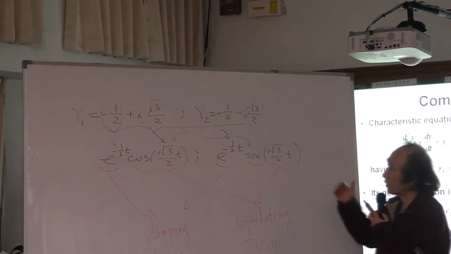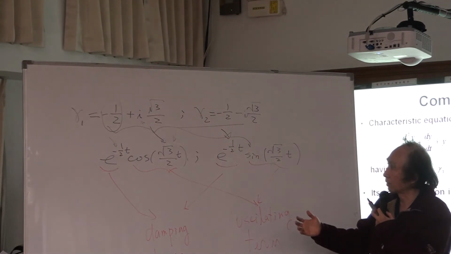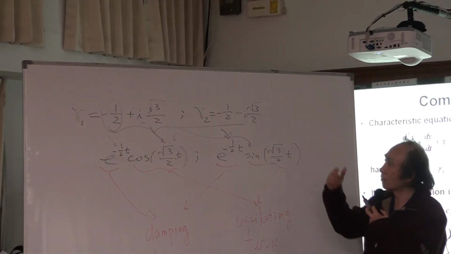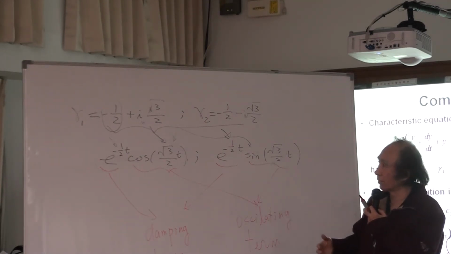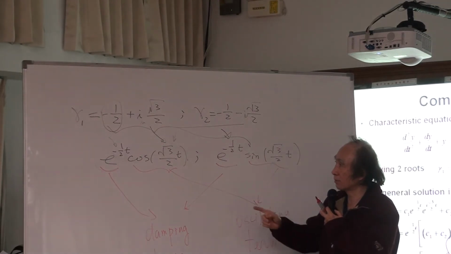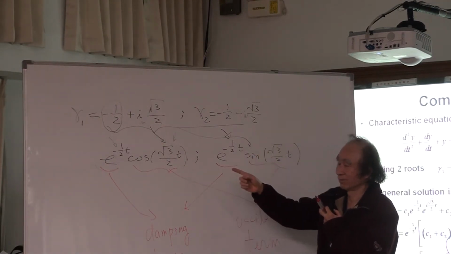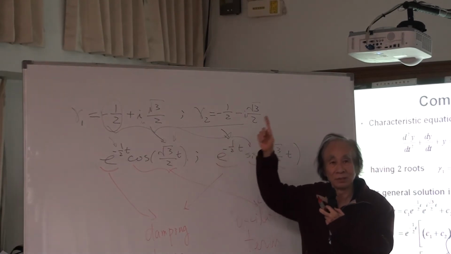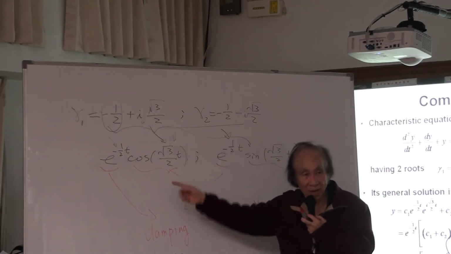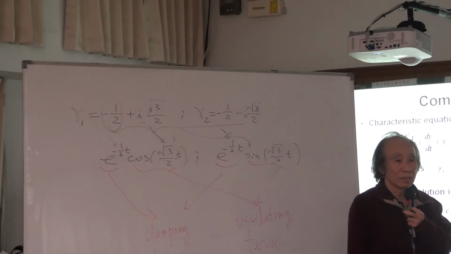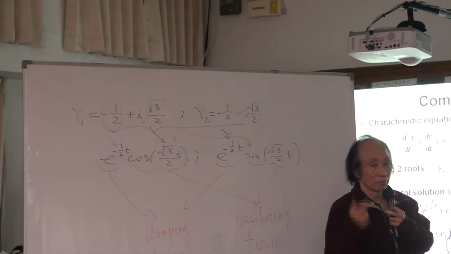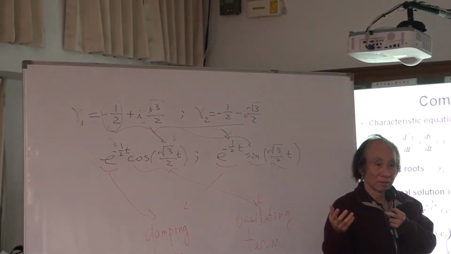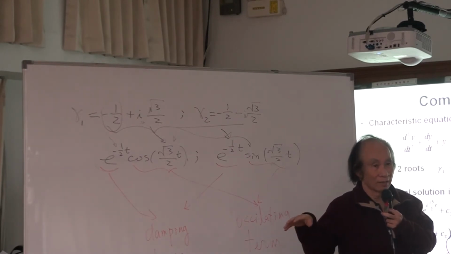If you have a good controller design, and I don't want the system oscillating all the time, forever, then I have to design a system such that the roots have a negative real part. Understand now? To solve the math is easy, but to understand the solutions, that's how we learn how to design the controller.